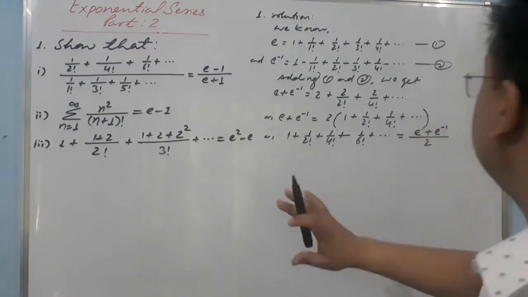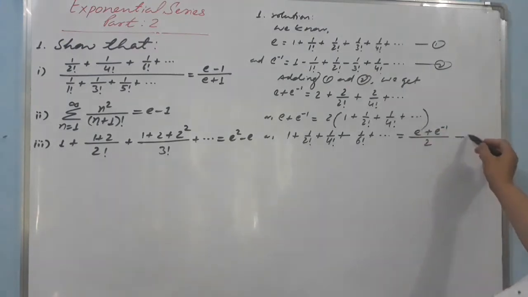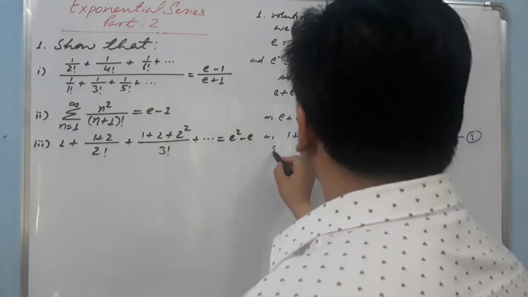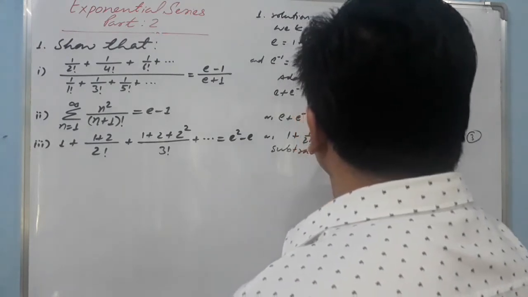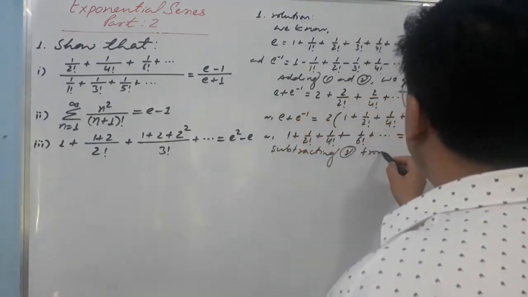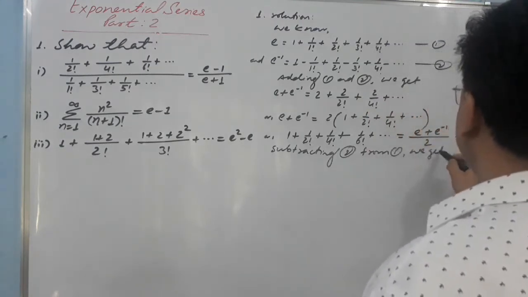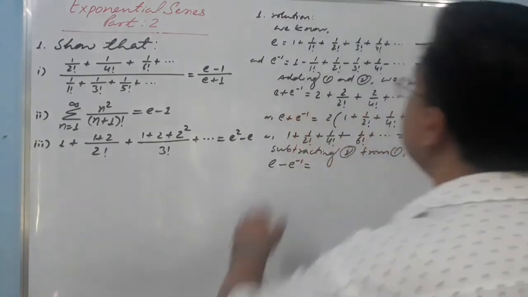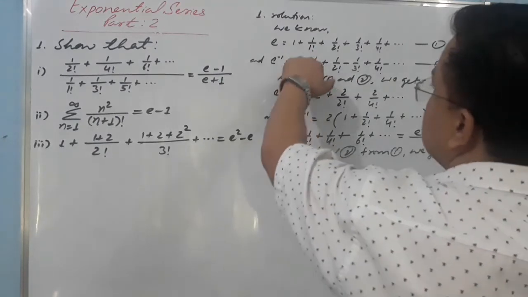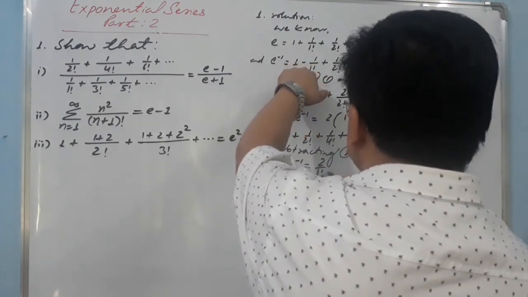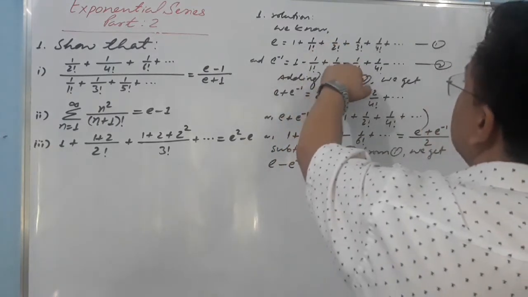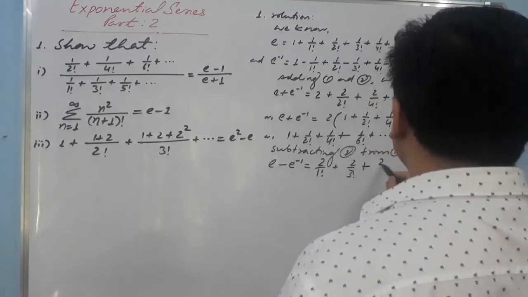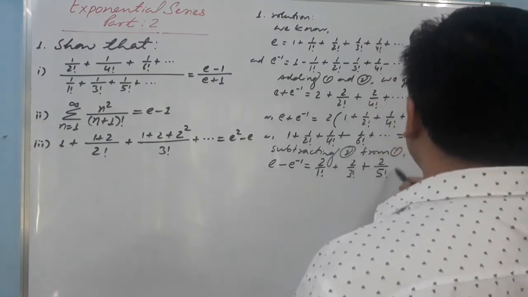I don't think you have any problem. Let me say this is 3. Now I'm going to subtract the second from the first. Subtracting the second from the first, we get e minus e raised to power minus 1. If you subtract, here the negative sign cancels and here it becomes plus. So 2 upon 1 factorial, plus 2 upon 3 factorial, and you will get 2 upon 5 factorial and so on.